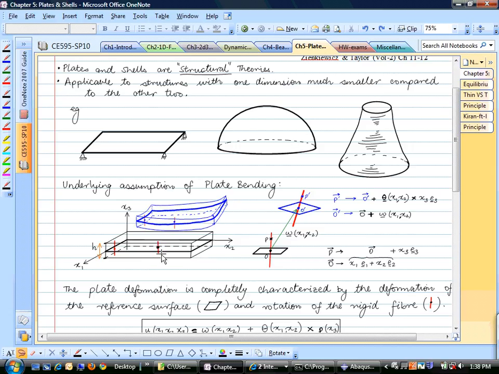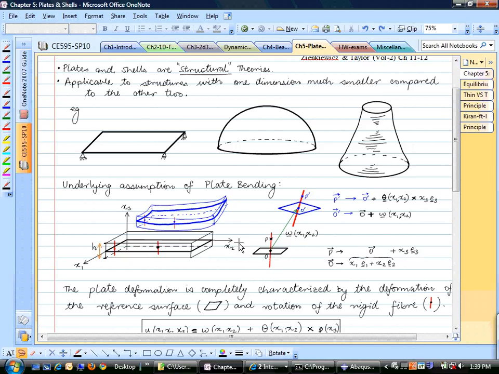You consider this small portion of this plate right here, and if there is a point P on this needle, then the deformation map says that this point O is going to translate to this point O prime. So if you give me a location x, y of this centroid, I immediately know where this centroid went, so that this displacement W is a vector which is a function of only x1 and x2.